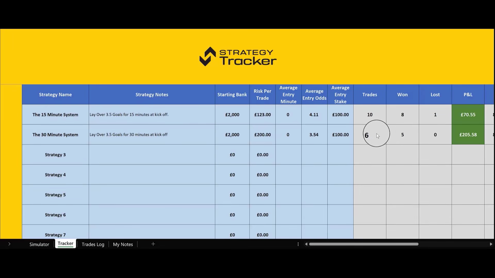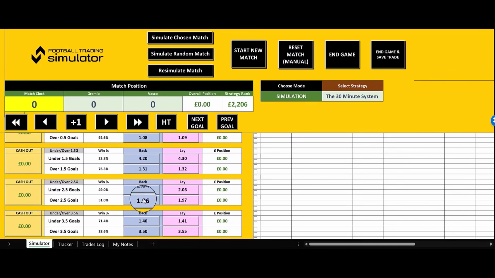As you can see, we've had 6 trades, 5 winners, 1 scratch trade, no losses just yet. I mean, obviously we're doing a small sample. Let's just get the next trade going. So remember, we are doing a small sample, so the losses will come with this, I'm pretty sure.